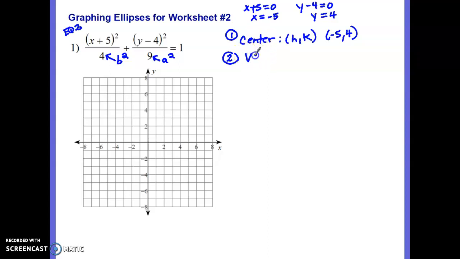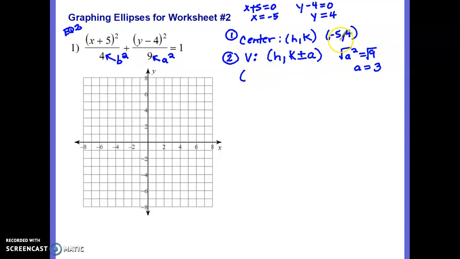Okay, so for this particular one, the formula for the vertices is (h, k plus or minus a). Well, you know a squared is 9, so if you take the square root, a is going to be 3. So all I have to do is start filling in. You'll have two answers for your vertices.